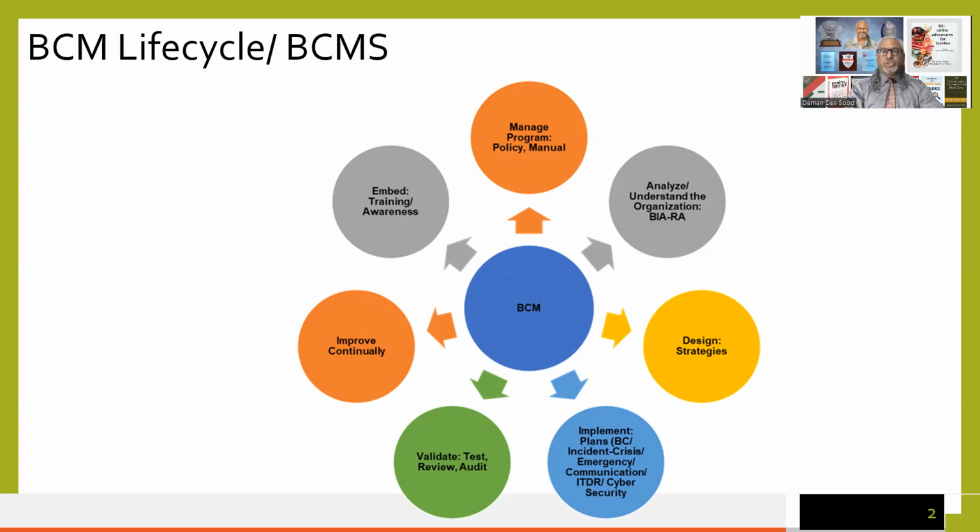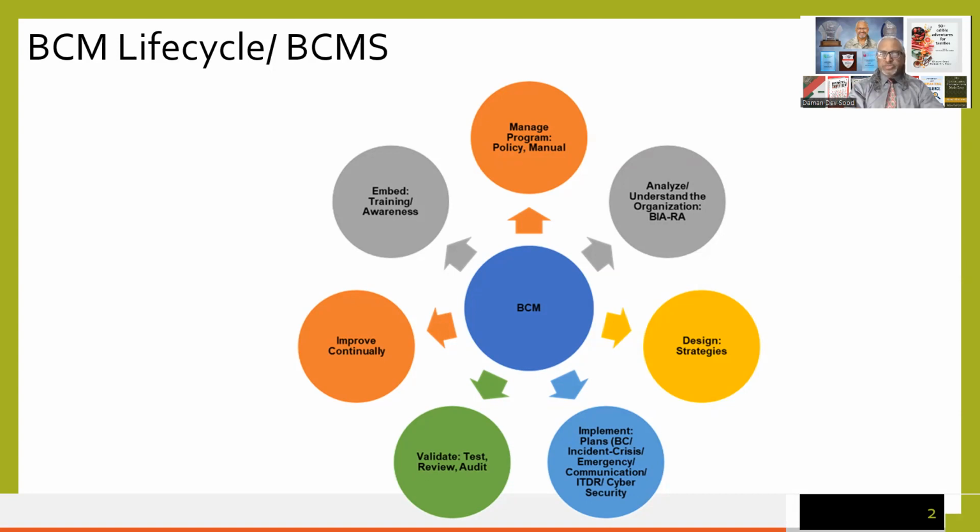The moment you wish to implement BCM, you will have to initiate the program. BCM is a program. So you start from the top of the diagram. In the first stage, you will have to write the policy, BCM policy. That's the starting point.